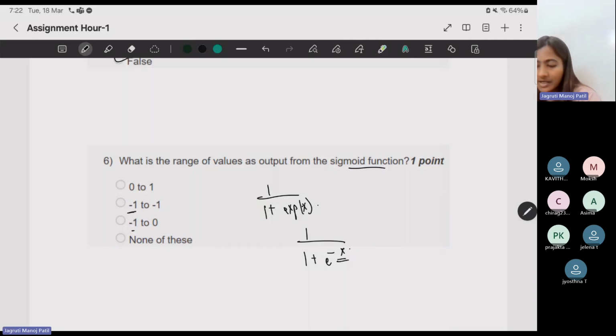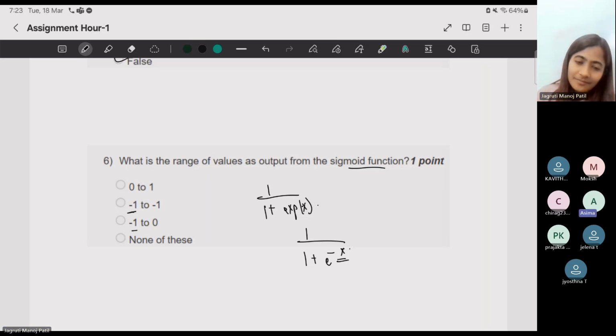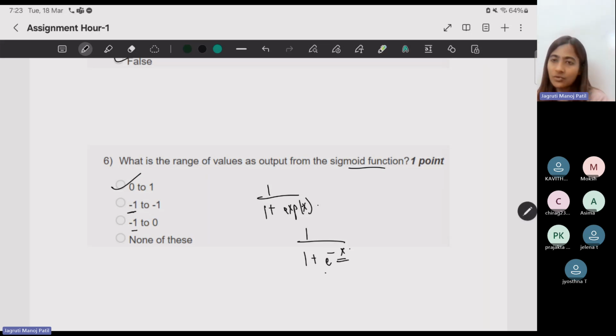Will it have negative values at any point? Would it return negative values for negative inputs? I think not. Yes, exactly. So for negative values also, our function will only exist between 0 and 1.